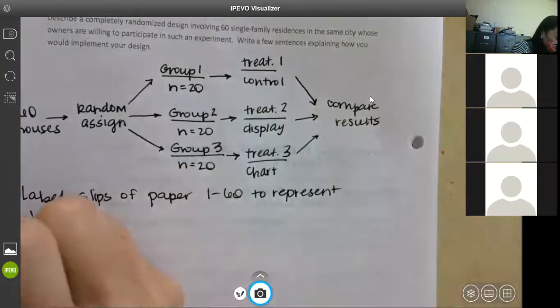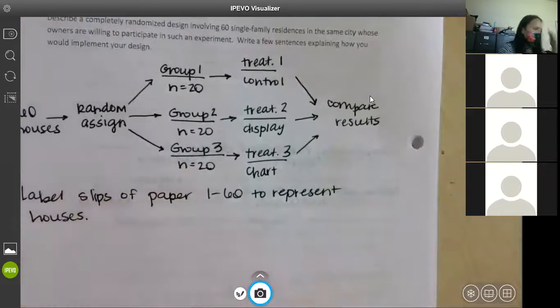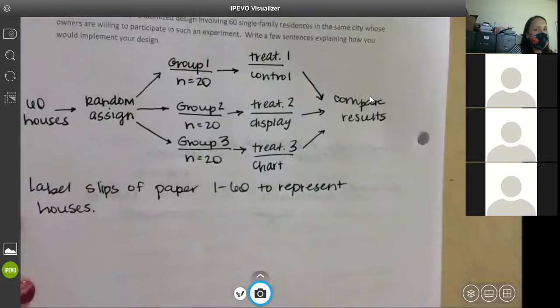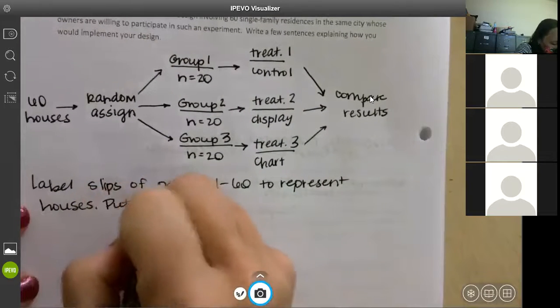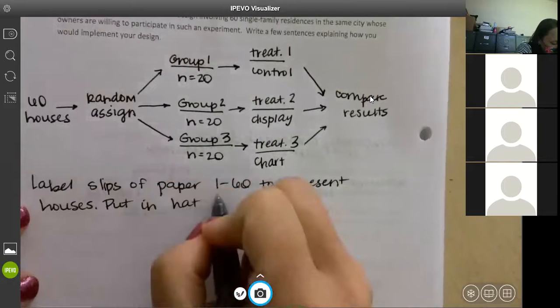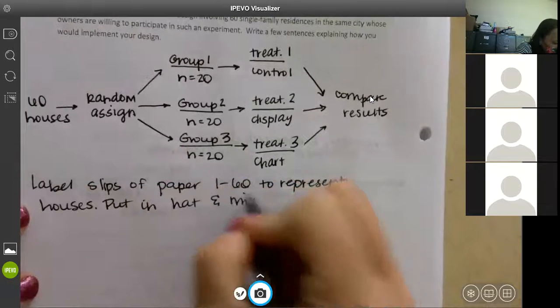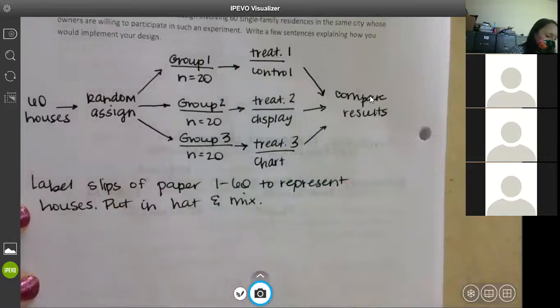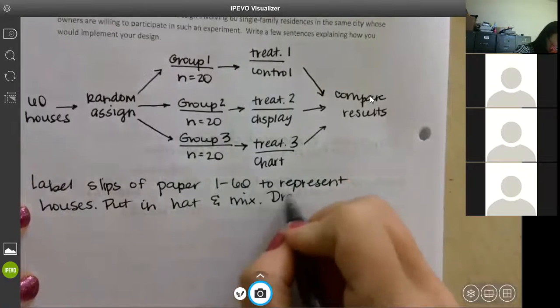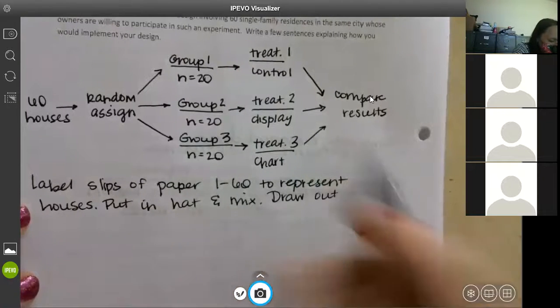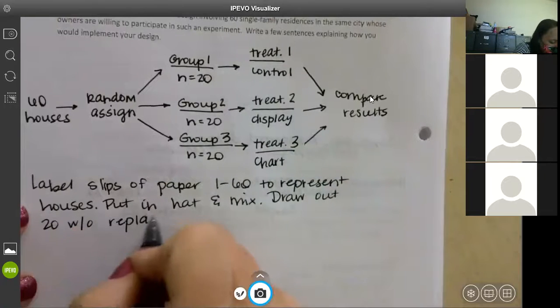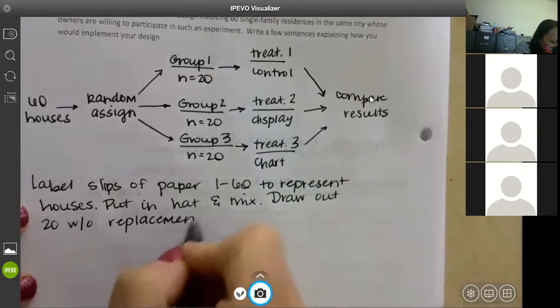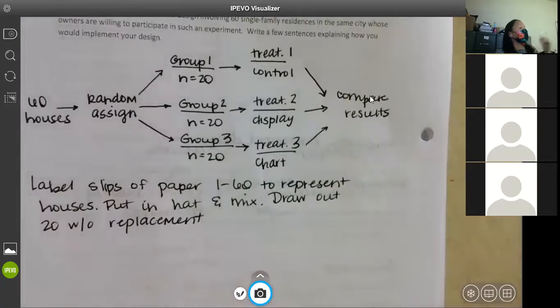What would you do then? I labeled, what do I do after I label them if I'm doing the hat method? And mix. What do I do now? Without replacement. We don't put them back in. Now, if you're doing the number stuff and the table stuff, yes, without repeating.